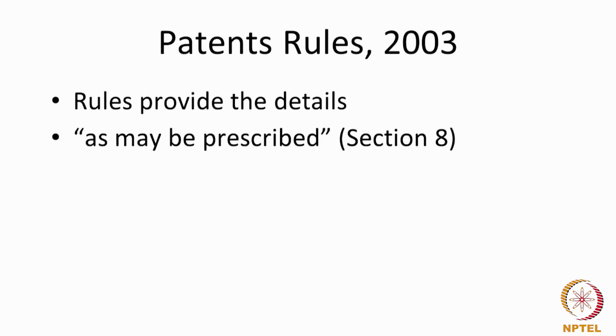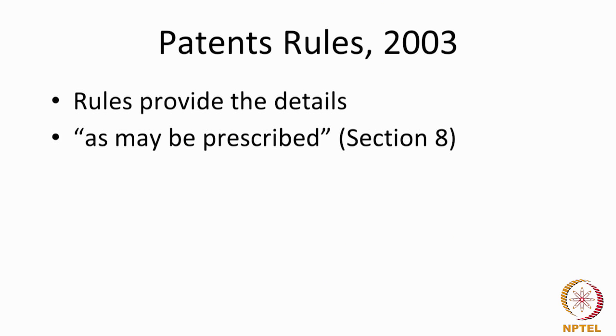For instance, you can look at the fees in the first schedule. The fees will constantly change as inflation soars up or as the economy grows. The fees structure will have to change. So, that structure of changing the fees can be done by changing the patent rules rather than the Patents Act.